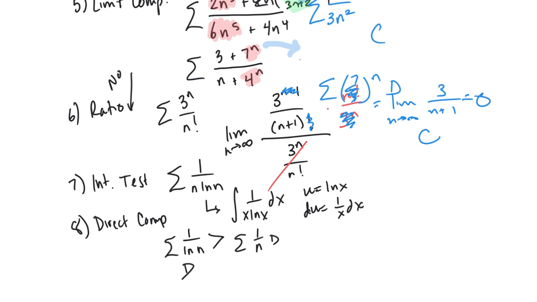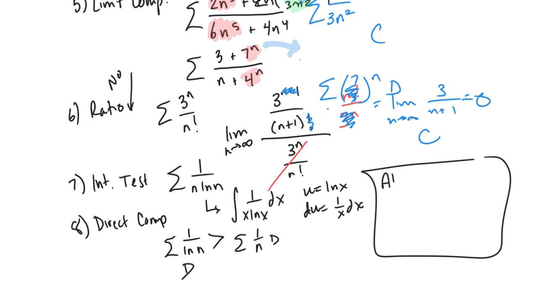Now, the last thing to look for is the series alternating? And an alternating series often has a -1 to the n or n plus first out front of your expression. And this is a two-part test. The first part is just evaluating the limit inside that expression.